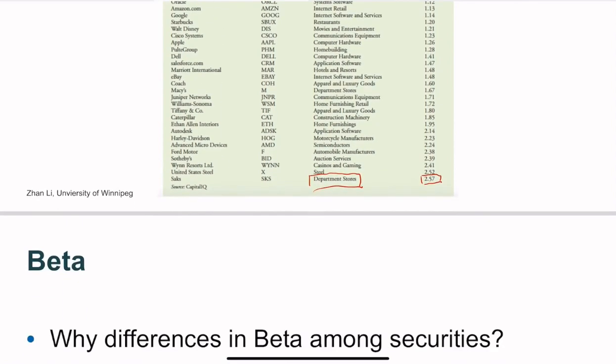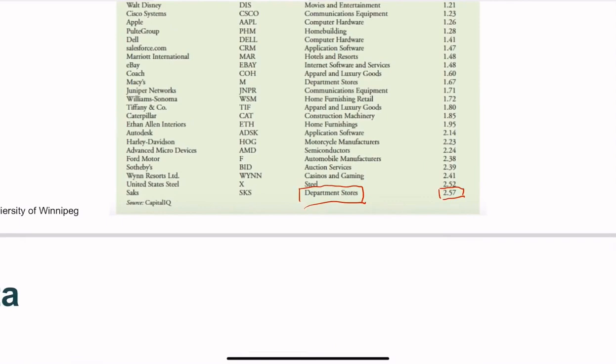And now Saks Fifth Avenue is a luxury department store. If the economy is good, people have abundant money, they would buy luxury stuff. They could go to Saks, buy Louis Vuitton, or some other luxury items.